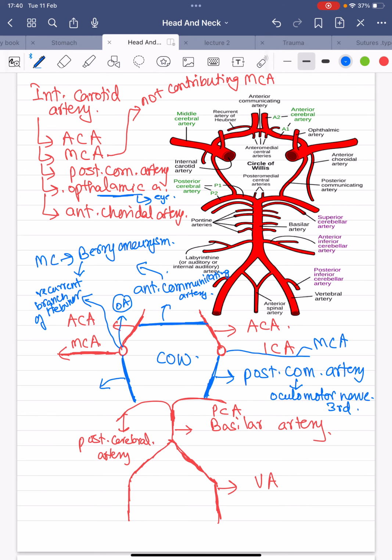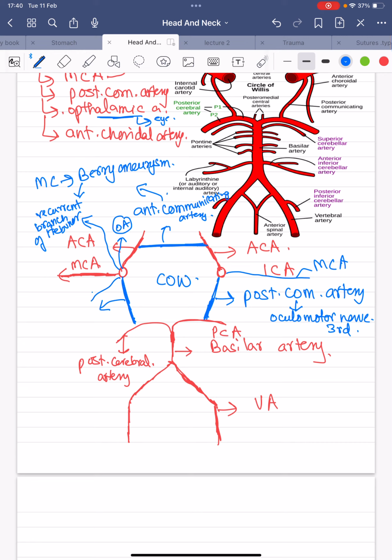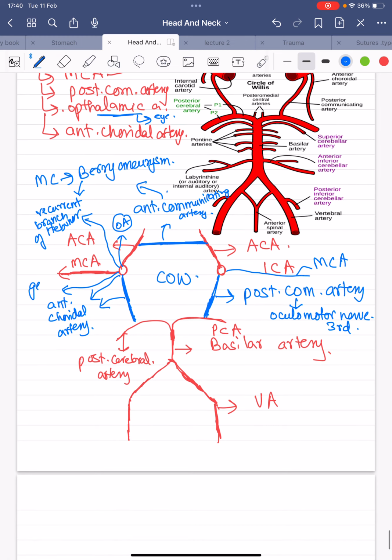From this branch here, there is one artery coming out, that is your anterior choroidal artery. And one more branch is coming out, which is giving blood supply directly to the genu of the internal capsule.